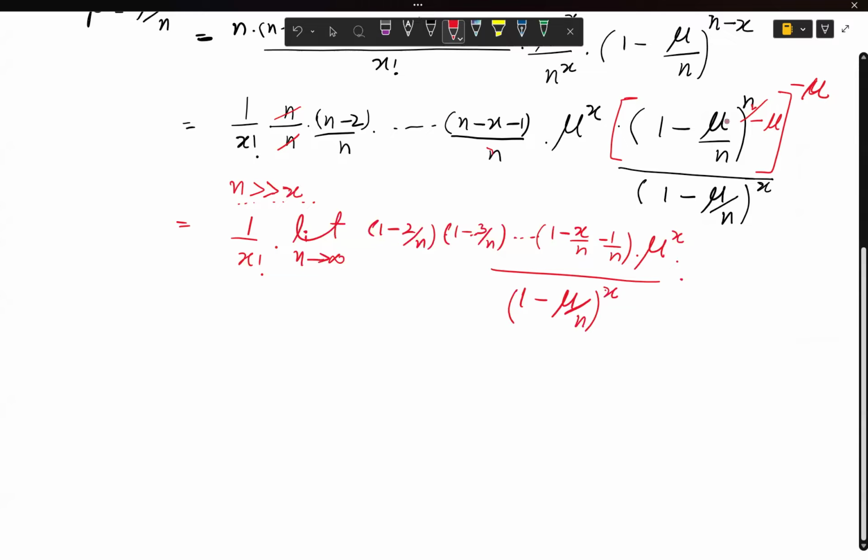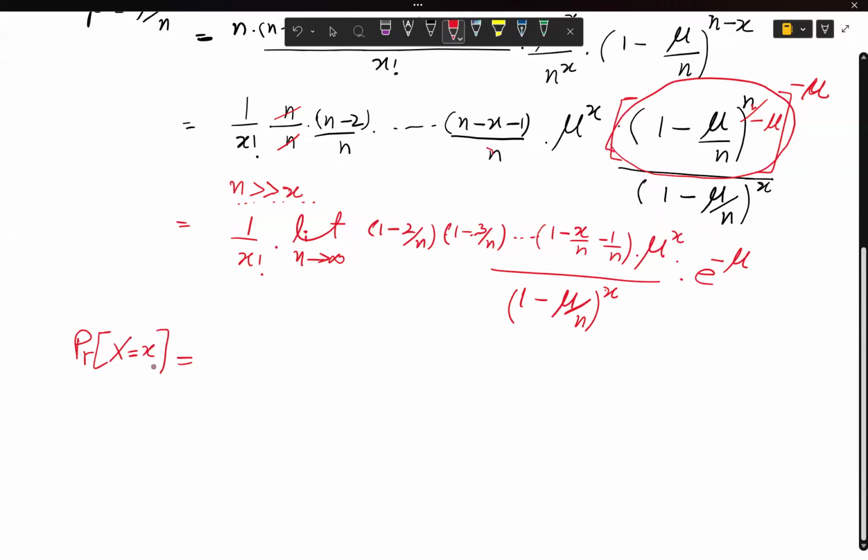And this is very interesting, that this part with the large value of n reduces to the Euler's number e, with the power minus mu. So now with the application of these limits, we have a simplification in the probability.